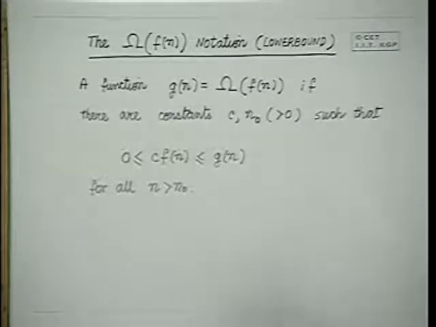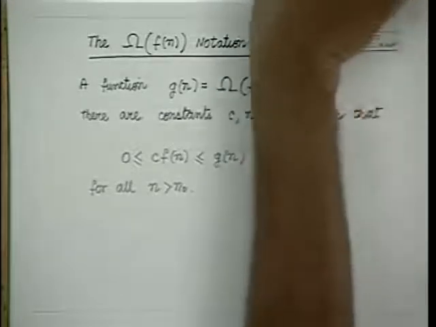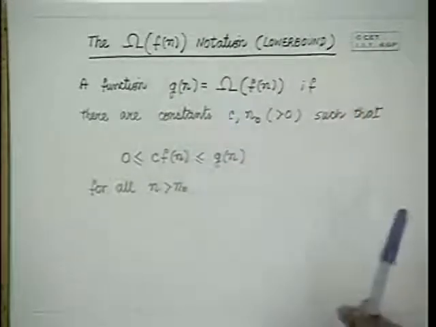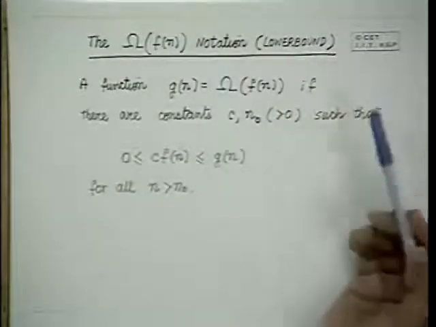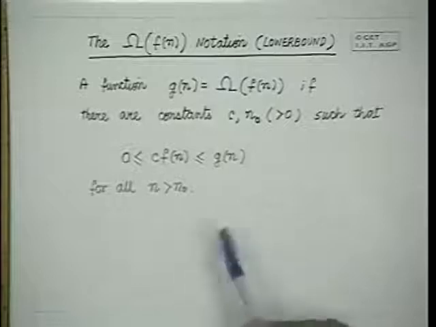So, this is the other one, and you can say that if Fn is upper bounded by Gn, then Gn is lower bounded by Fn. Because if you can find the constants on that side, you take 1 by that and you will get the constants on this side as well.